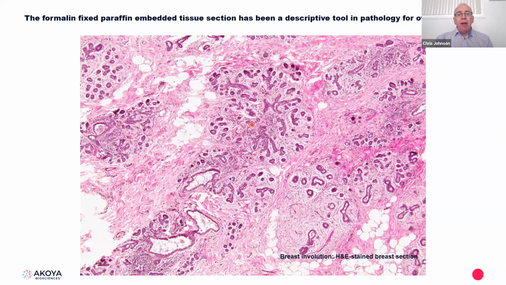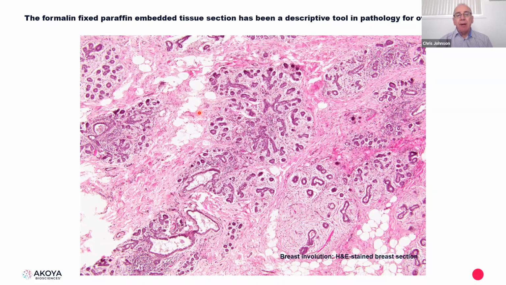But it really only gives you the overall architectural relationships between groups of cells within a tissue. Here, in this case a breast, we might see gland structure, some adipose tissue, some connective tissue down here, and a little bit of inflammation down here. However, besides giving us a morphological view, it doesn't really give us a lot of information into what is actually happening on a cell per cell basis.